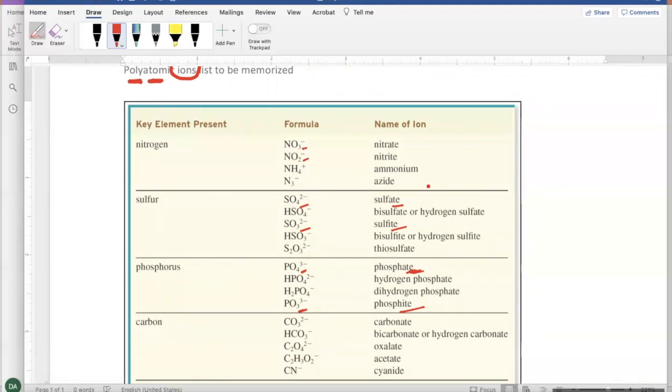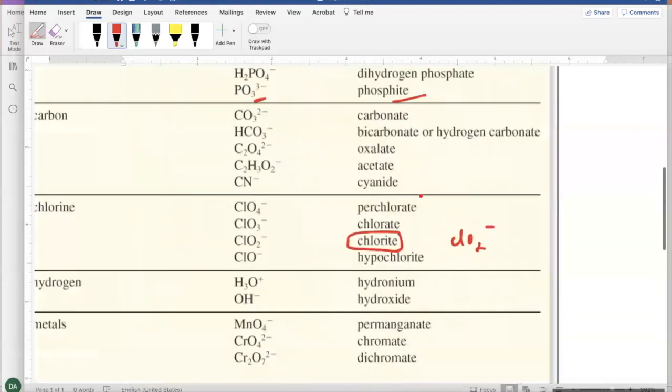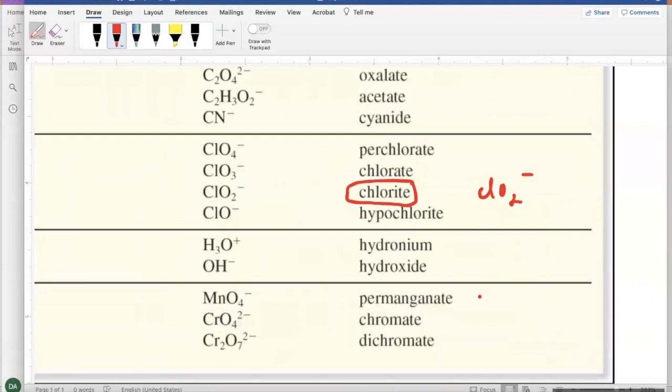The other thing that I usually use to help students remember this: you guys know what high blood pressure and low blood pressure are? High blood pressure is called hypertension and low blood pressure is called hypotension. So you see something less than chlorite. By that I mean, see chlorite has 2 oxygens. This guy has 1. So it has 1 less than chlorite. So it's hypochlorite. It's less than chlorite.